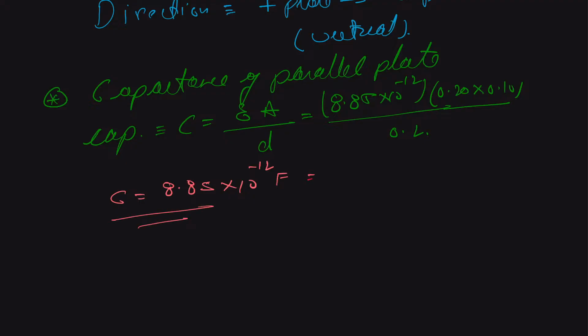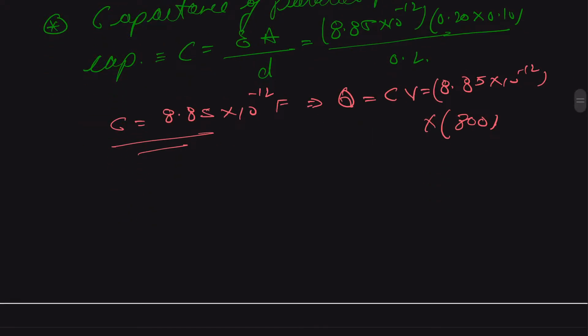And from here we can find the charge Q, which is equal to C times V, where C is 8.85 times 10 to the power minus 12 and the voltage is 300. Therefore the charge Q is 2.66 times 10 to the power minus 9 coulombs.